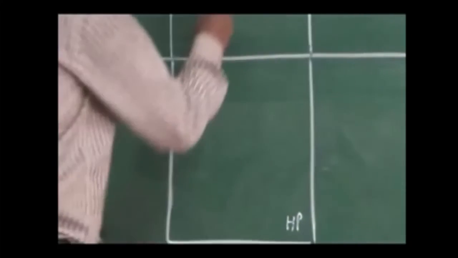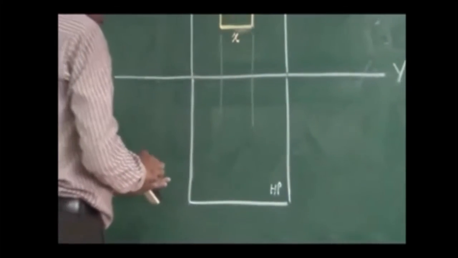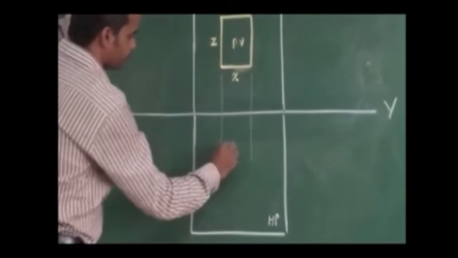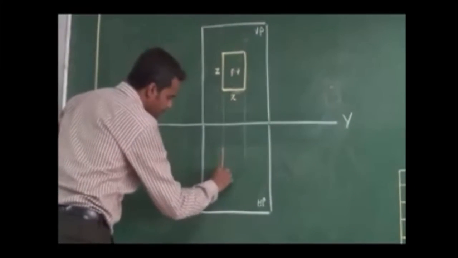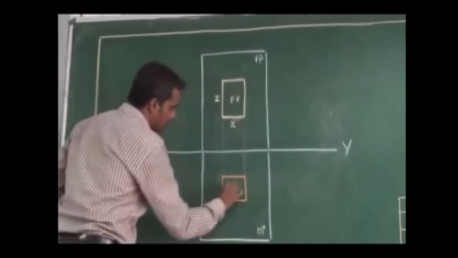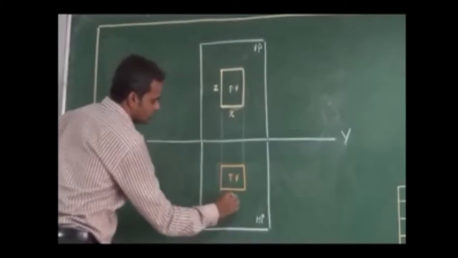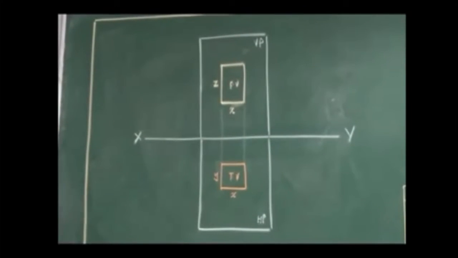So this is my horizontal plane, and the horizontal plane holds the top view, which again has x and y dimensions.